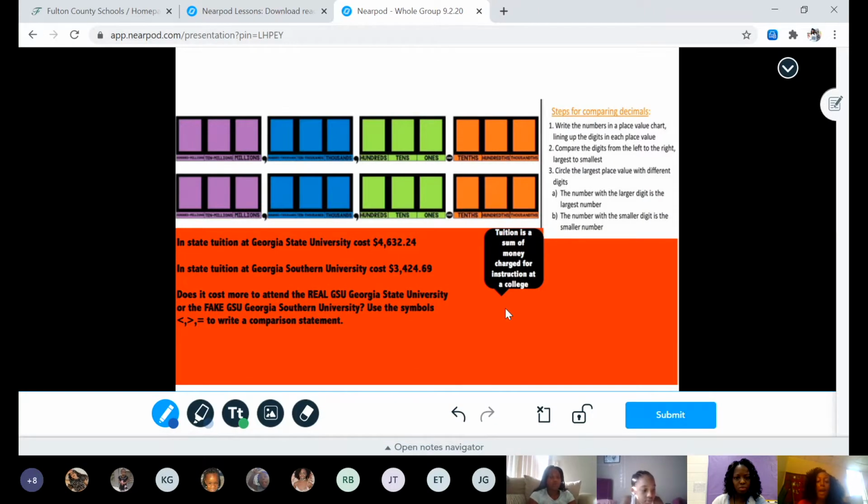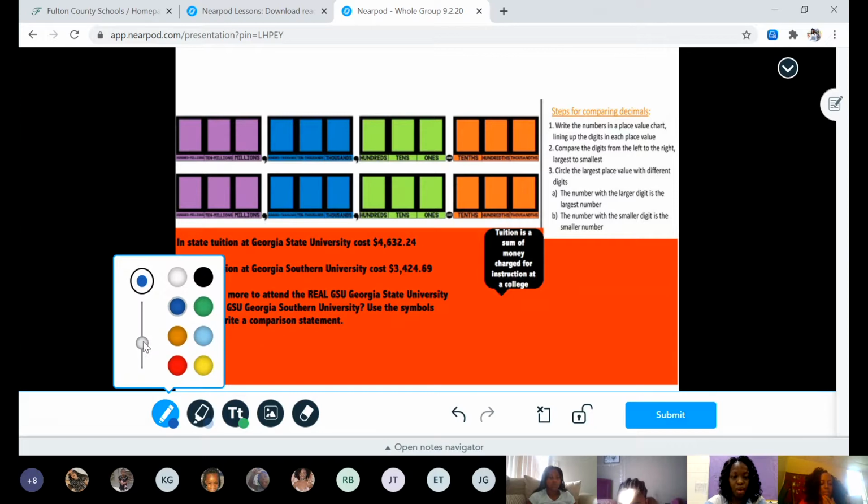But before we get into that, Ms. Reese is going to go over the steps for comparing our decimals. And actually, Ms. Reese, as you read the steps, I'm going to model. The steps help us figure out what process we are going through as we are comparing decimals.